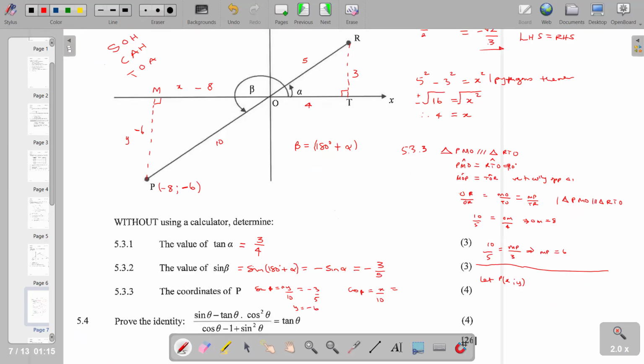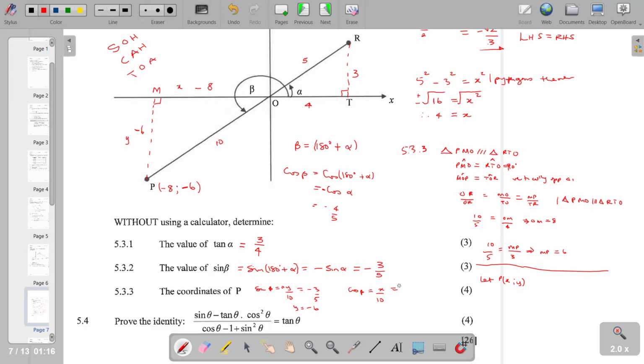But if we use this triangle, knowing that our beta is 180 plus alpha, cos beta will be equal to cos of 180 degrees plus alpha, which, because we are in this third quadrant, is negative cos alpha, and cos alpha is adjacent, so negative 4 over 5.